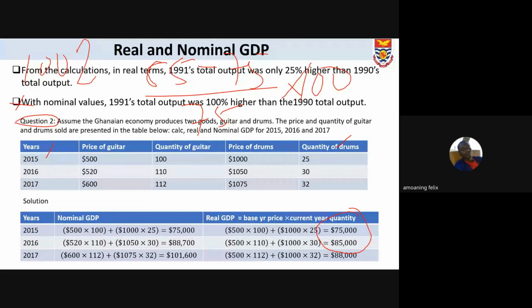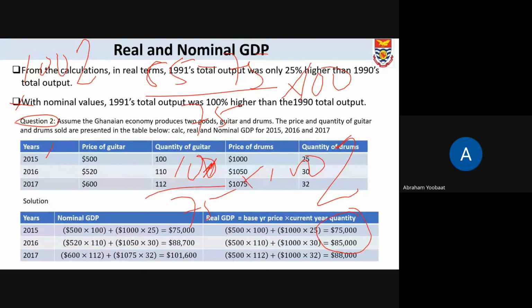This will give you the growth rate. So 85 minus 75 gives 10, and 10 divided by 75 times 100. Those who have a calculator can do it and give us the answer. Whatever answer you get is the growth rate.